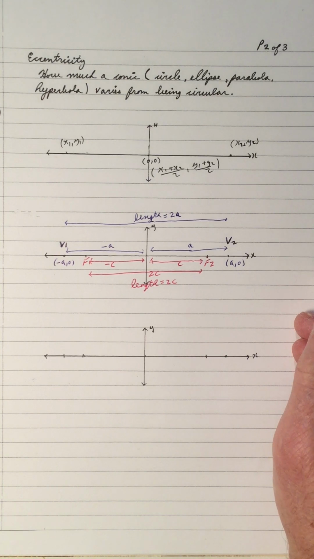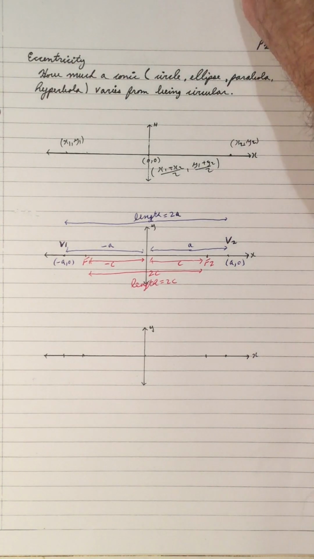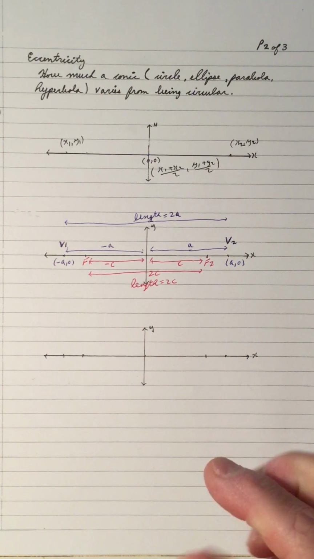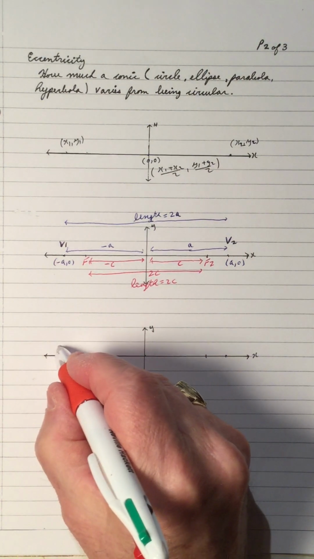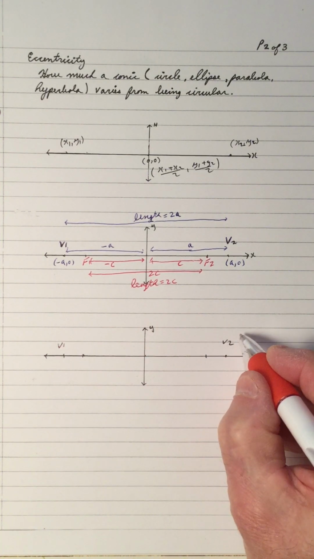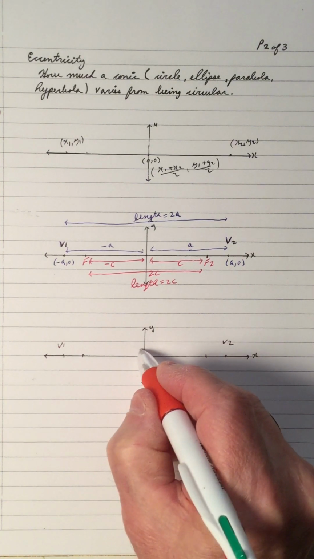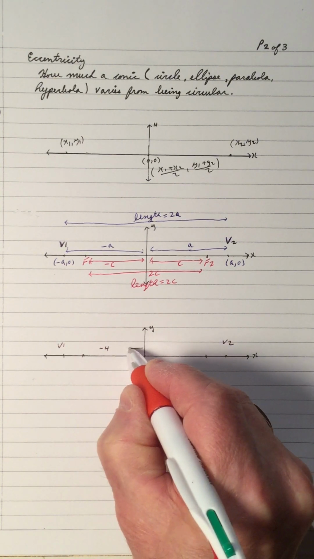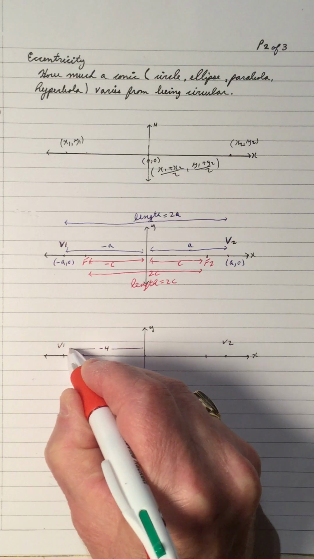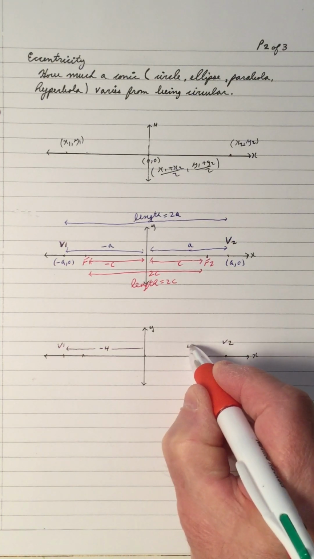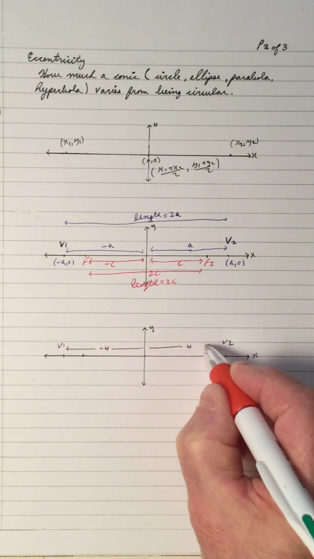Okay, let's look at an example, and the example I'm going to do is down below. Let's take that vertex 1 and vertex 2. Again, the vertices I'm going to put in blue. This one right here is negative 4, 4 units to the left of center, and this one here is 4 units to the right of center.